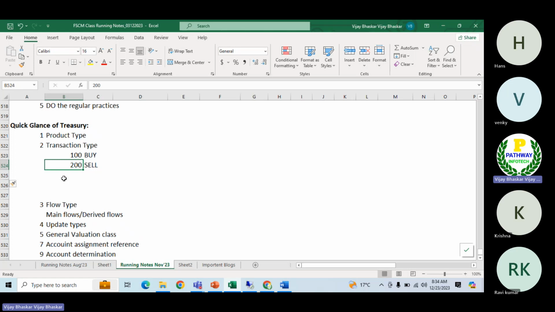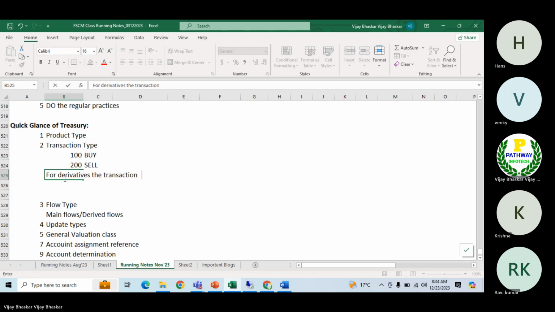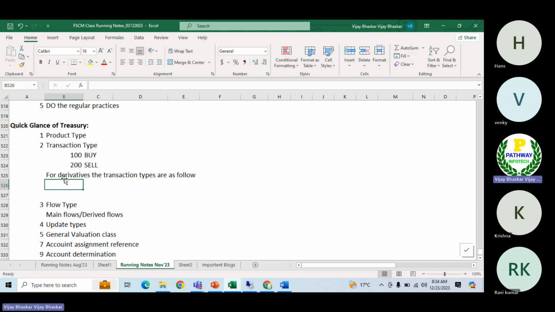But for derivatives, the transaction types are as follows. 400, which we will use, is a buy. Let's confirm once again.